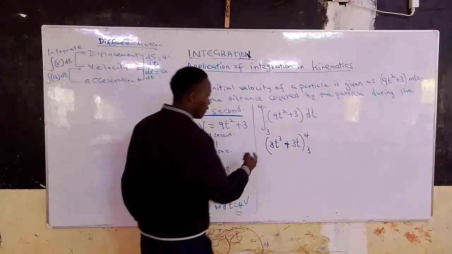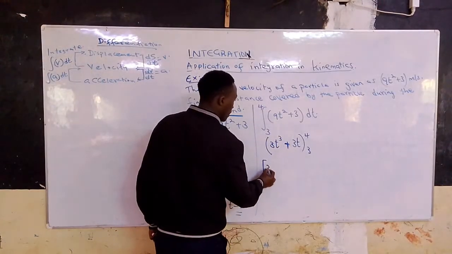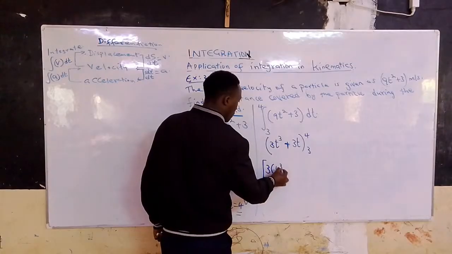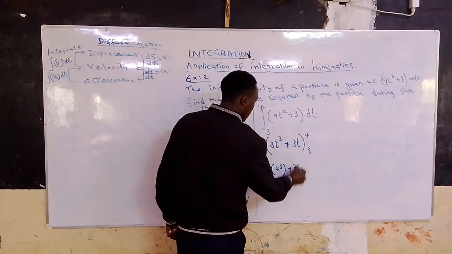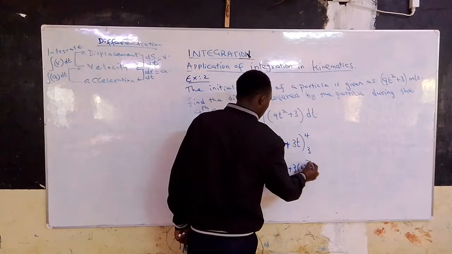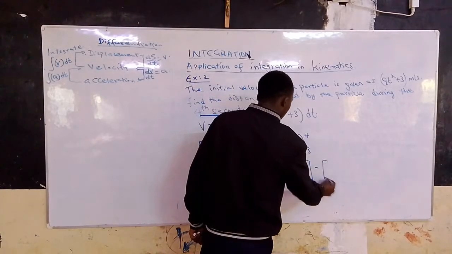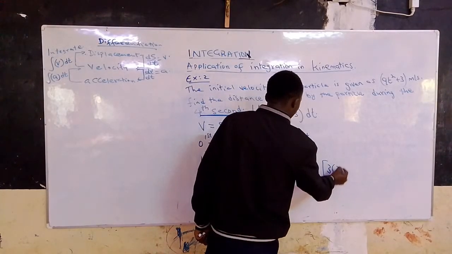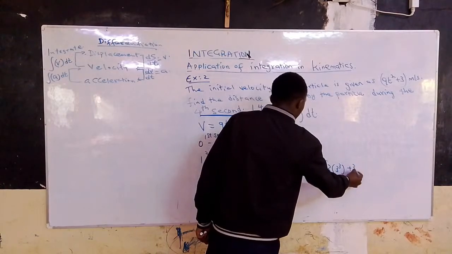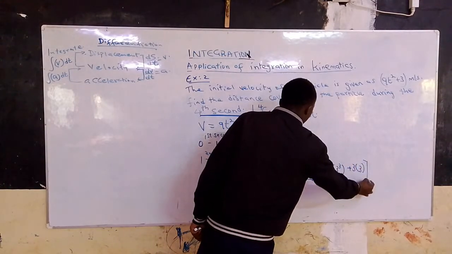So we have 3 into brackets 4 cubed plus 3 times 4, minus 3 cubed plus 3 multiplied by 3.